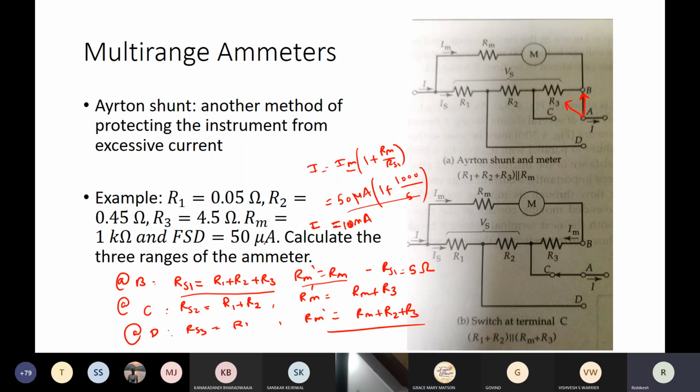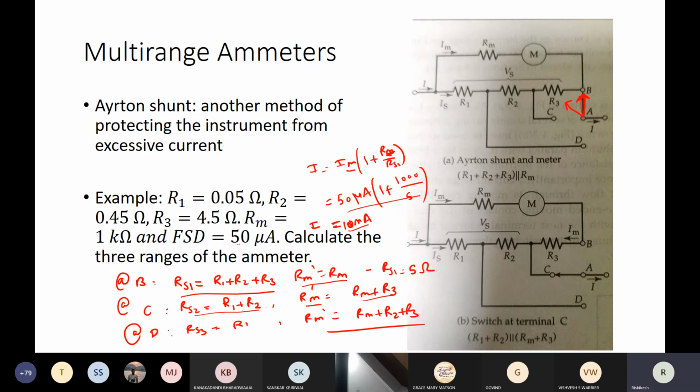Right. So you see, we have extended the range of the ammeter from 0 to 50 microampere to 0 to 10 milliampere in this arrangement. So I leave it to you to calculate it when you switch the position of the connector from B position to C position. In that case, your Rs2 will be R1 plus R2, but remember, Rm dash, which we will use in the calculation here, will be Rm plus R3.